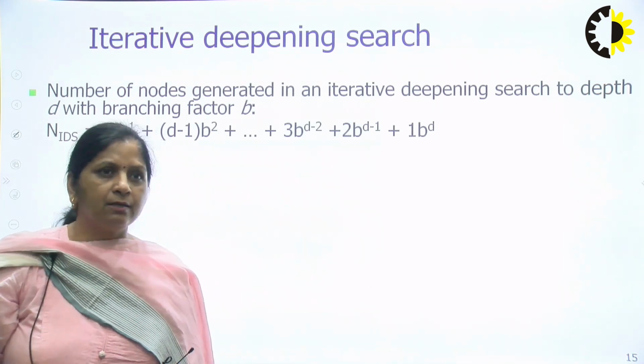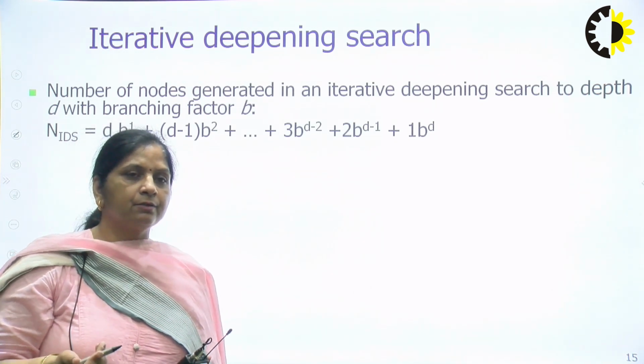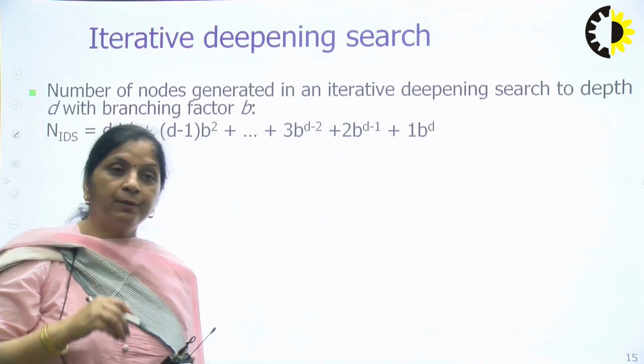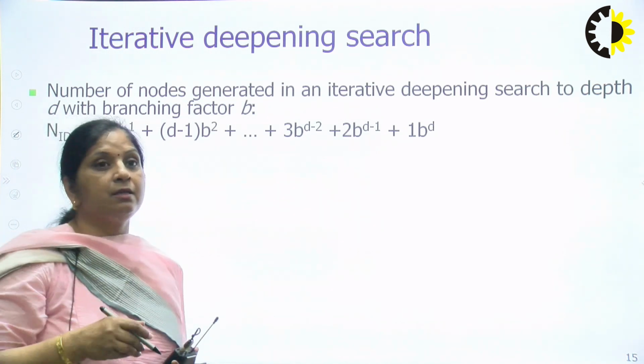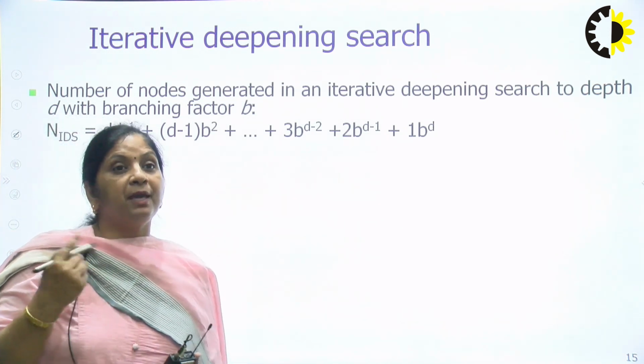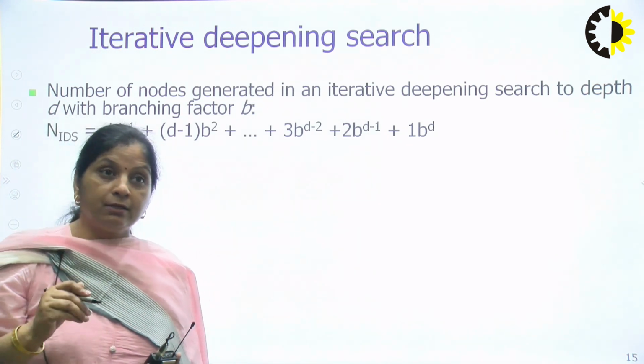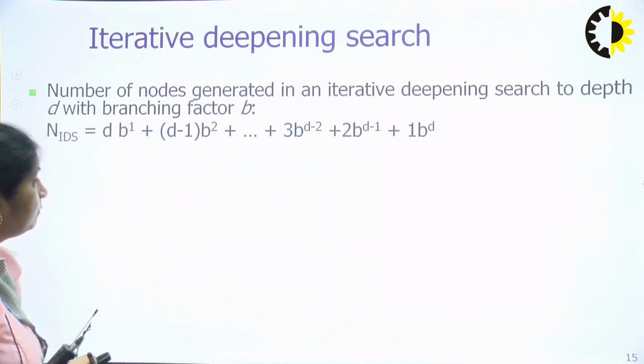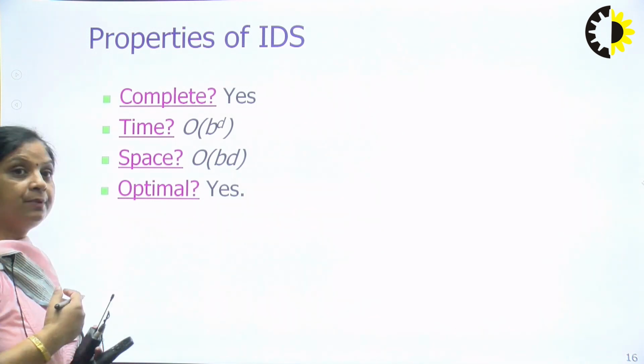So we can manage that increase. So to maintain the property of BFS as well as DFS, we are paying a cost of generating many nodes again and again to get the best solution.